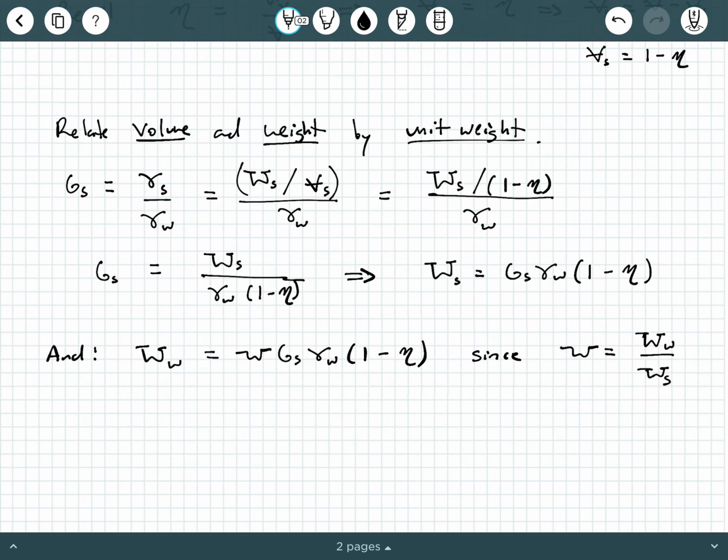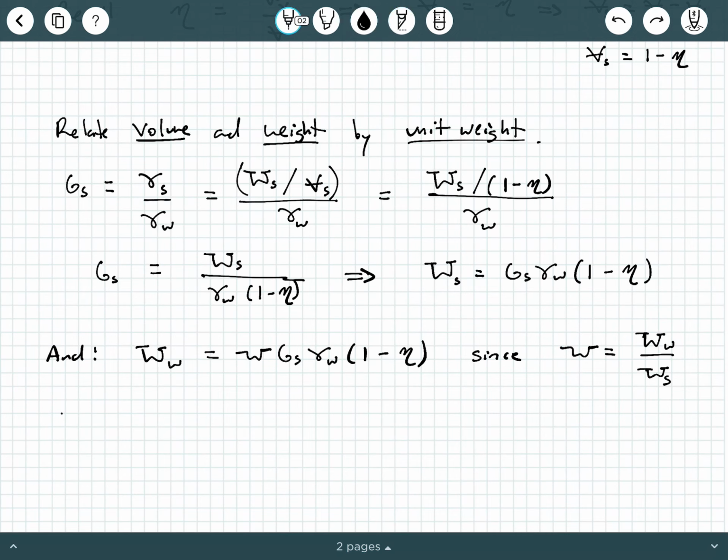So basically what I'm doing here is I'm taking the definition of moisture content, rearranging it, and substituting it into my weight of solids term right here, and that gives me this weight of water term. So maybe on your own, do that little algebra step and convince yourself that this is true, okay?